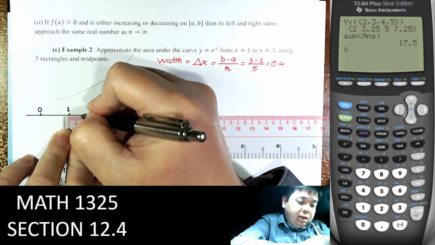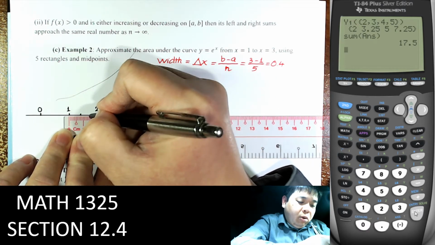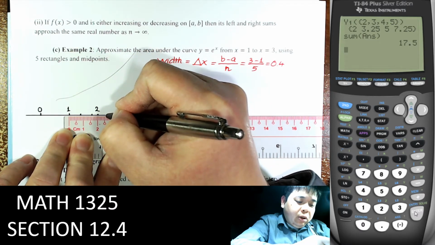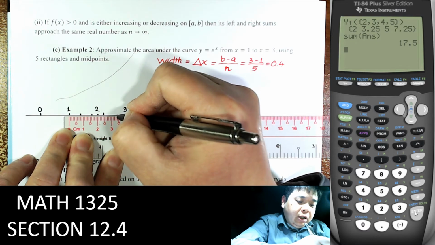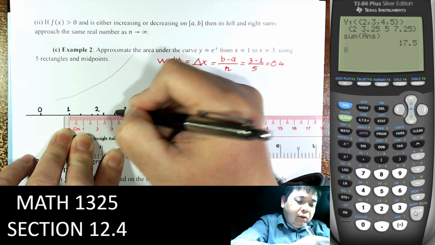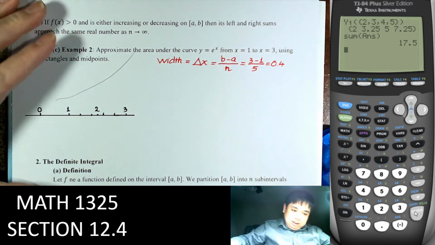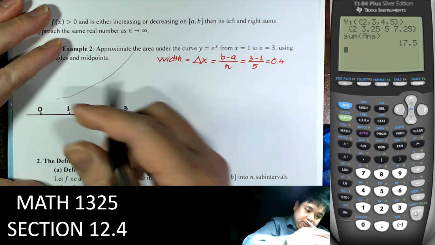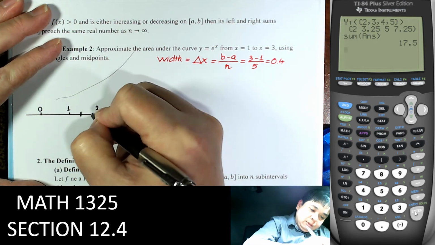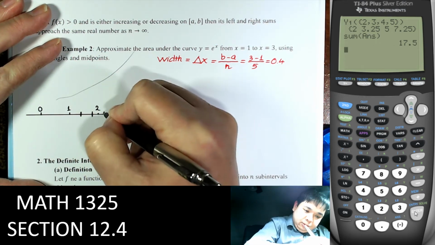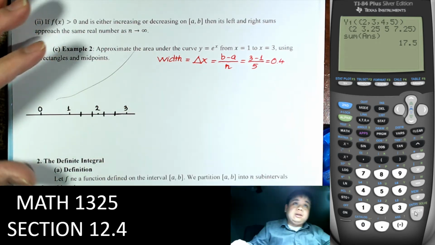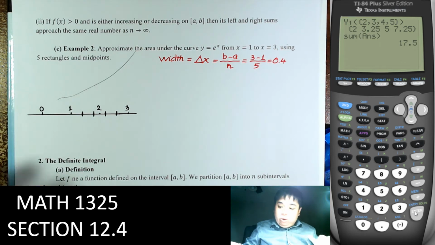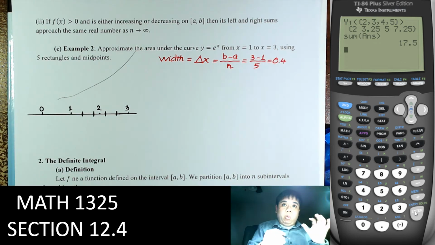So 5 segments. Make it easy to see. 5 equal segments from 1 to 3, and the increment is 0.4. The width is 0.4.